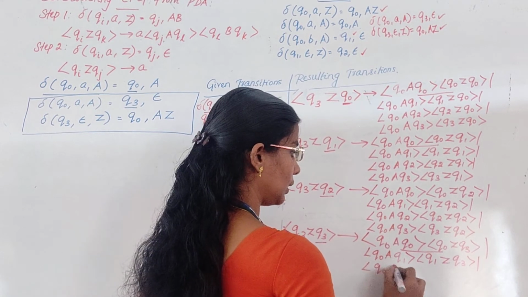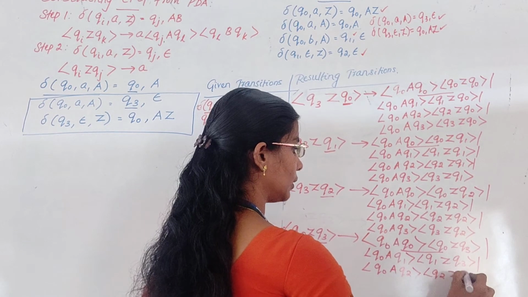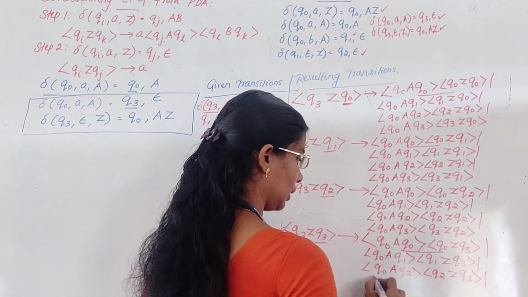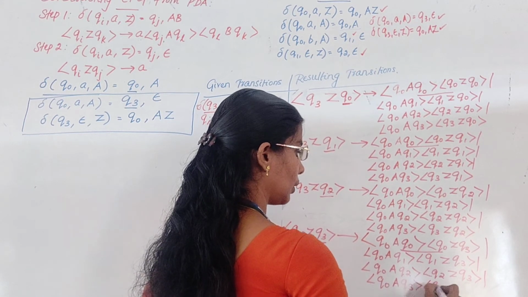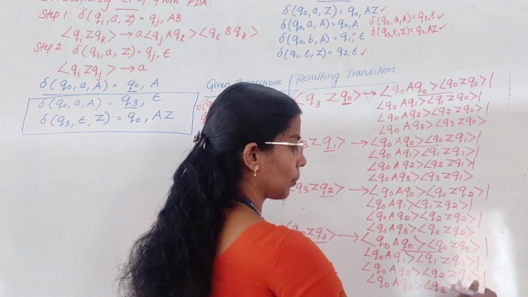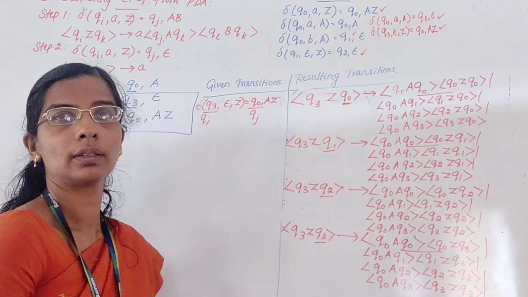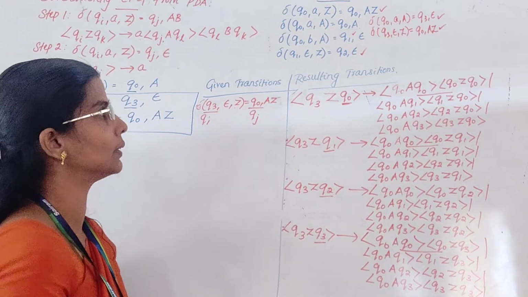Next Q0, A, Q2 set Q3. Q0, A, Q3 set Q3. So this is all about your transitions.